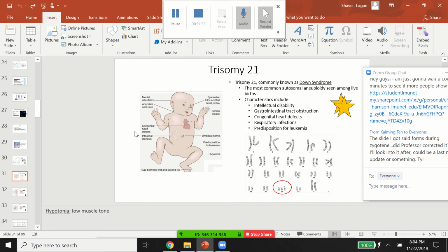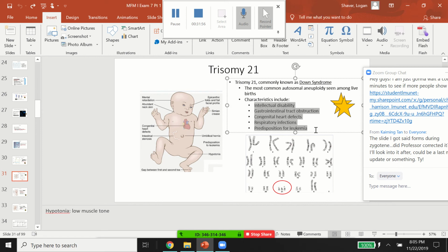But in the case of these trisomies, of course, you have to remember what trisomy 21 is and what characteristics come along with it. They may also refer to it by its normal name, so Down syndrome instead of trisomy 21. Just in case, I would know both associated with trisomy 21 and Down syndrome, along with the other ones as well that we'll get to.